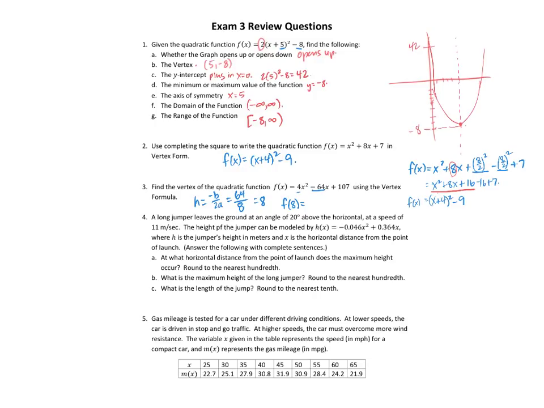So it looks like negative 149. So it looks like the vertex is (8, -149).